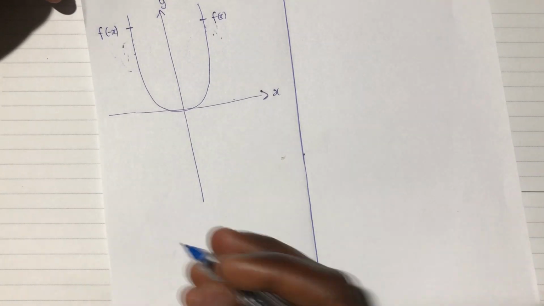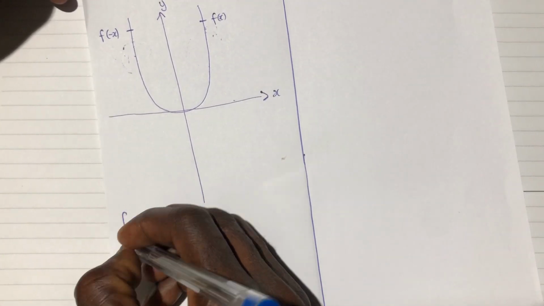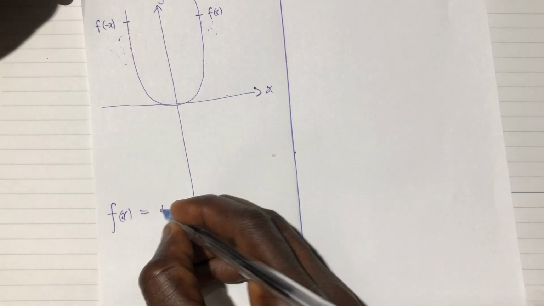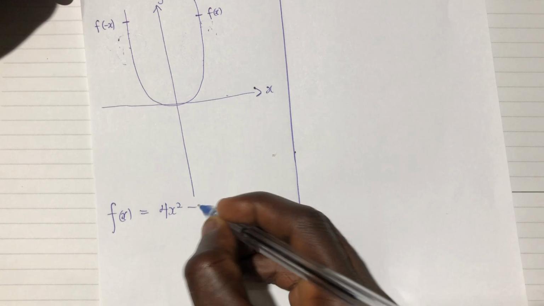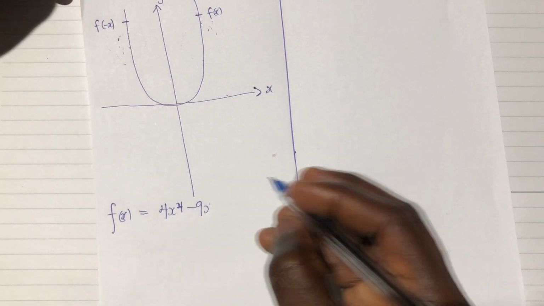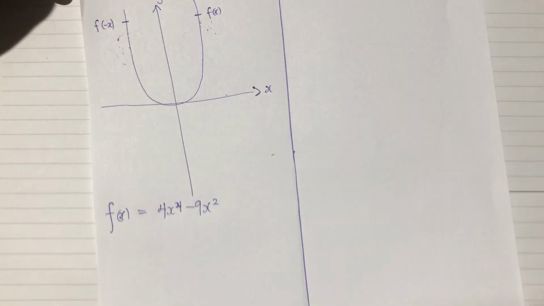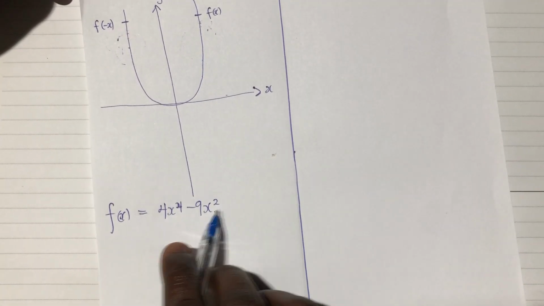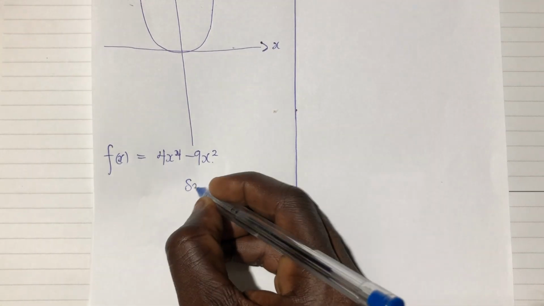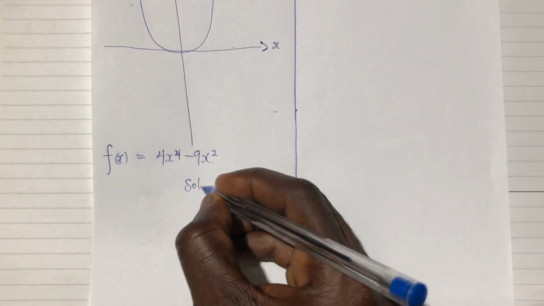So what if, let's take an example, what if they ask us that a function f of x equals 4x to the power 4 minus 9x squared, and we are told to check if this is an even function. All you need to do is to test with a negative x.